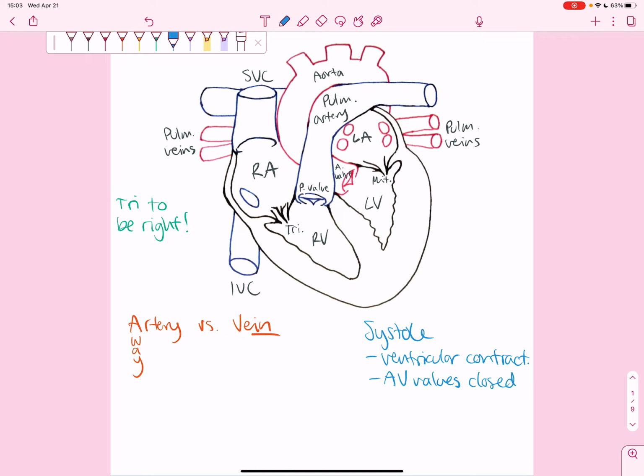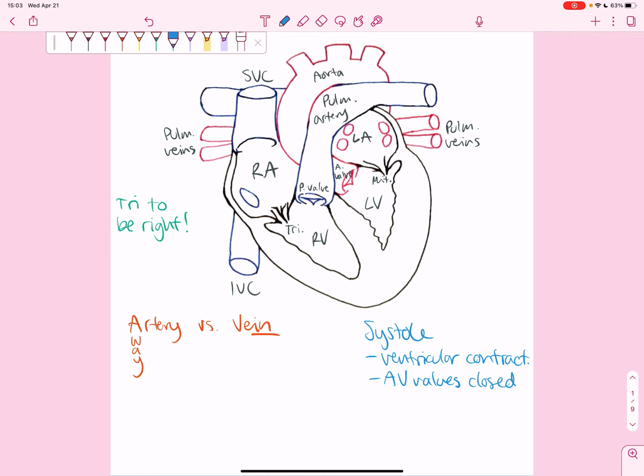The reason being, when the ventricles are pumping blood through their respective arteries, they're trying to go this way. So you really don't want blood to go backwards into the atrium. Therefore, it would make sense that these are closed at that time.